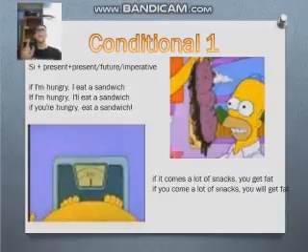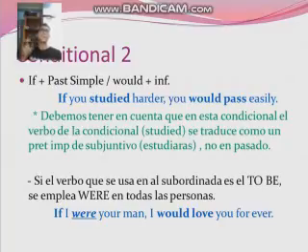As we saw before, the second conditional is formed using if plus past simple, would plus infinitive. Questions and negations can change the order, but the structure of the sentences is the same.